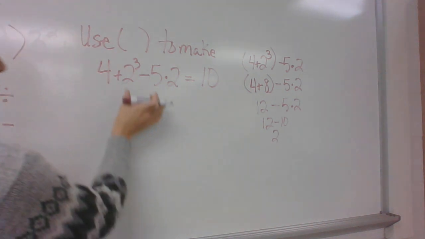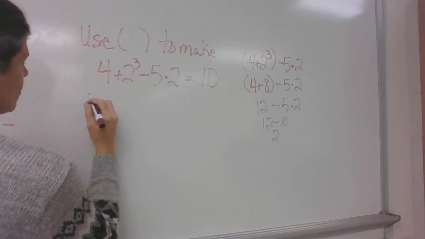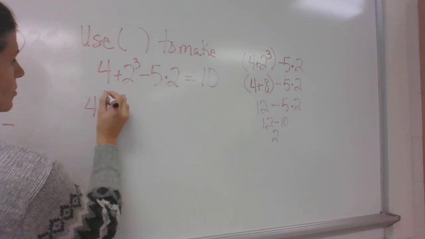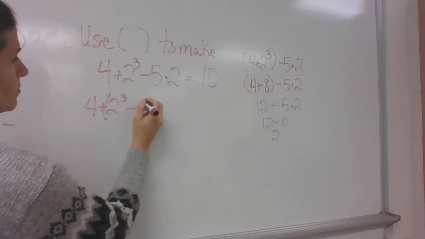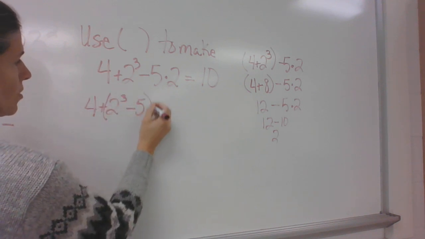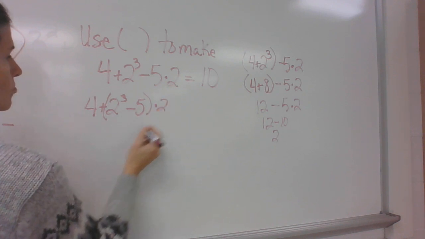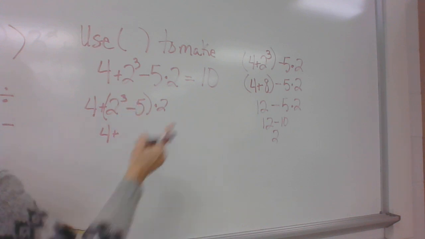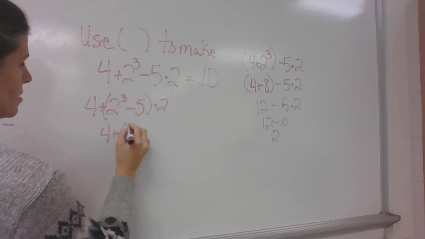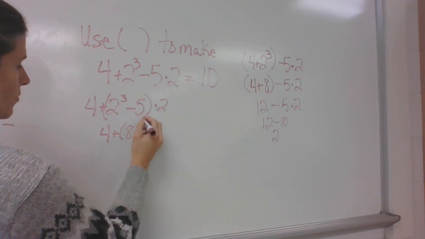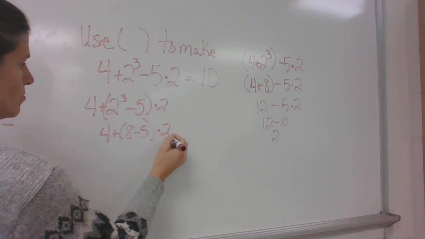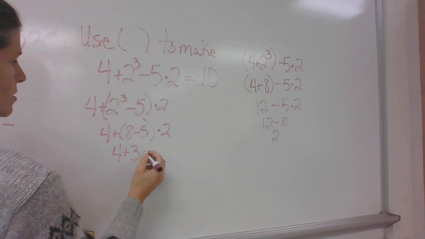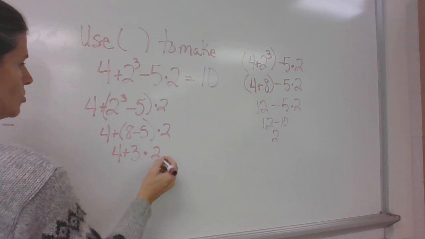Nope. How about we try parentheses around this part? Maybe I'll just chunk together these things. So 4 plus 2 to the third, I'm going to put my parentheses over there, minus 5 times 2. 4 plus 2 to the third, I remember that's 8. Multiply that by 2. 4 plus 3 times 2.